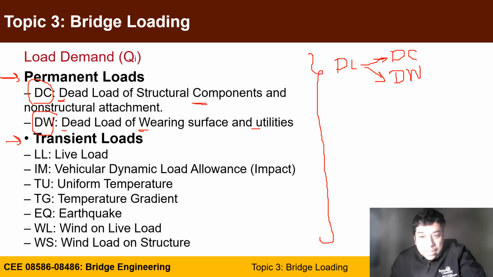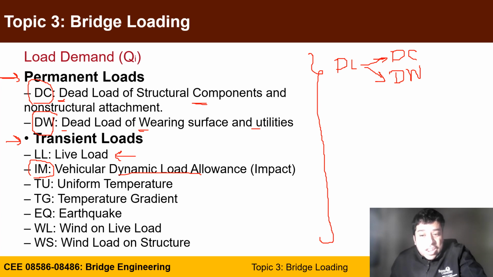For your transient loading, you have different types of loading. You have live load, which is pretty much the live load of trucks. You have IM, which is the vehicular dynamic load allowance. Your trucks are not moving at a very slow speed that can be considered static.